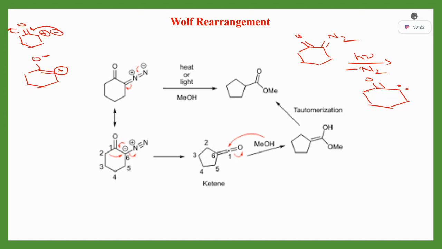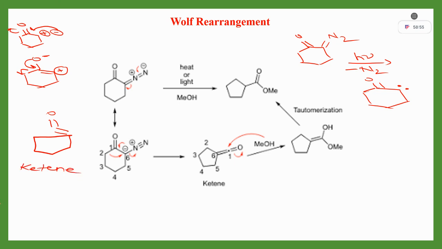Understood? Now what happened? When this charge came back, this bond cleaved. Okay. And that negative charge will combine with this positive charge, resulting in formation of this ketene. Understood, Prashant?